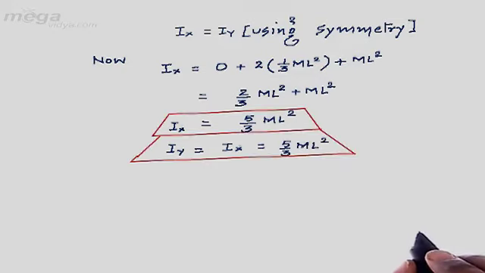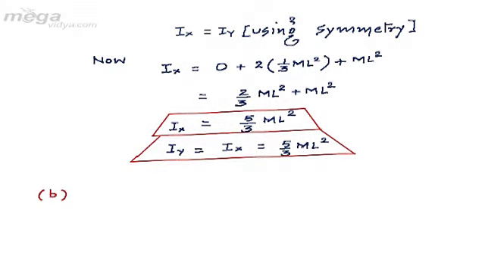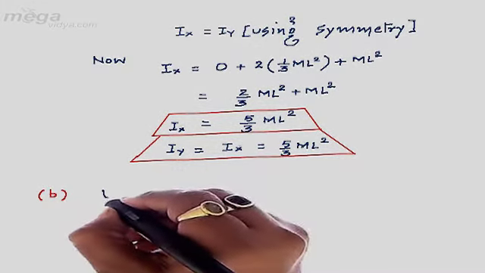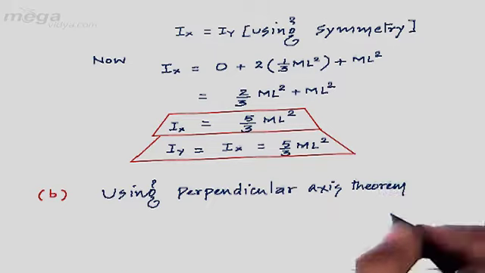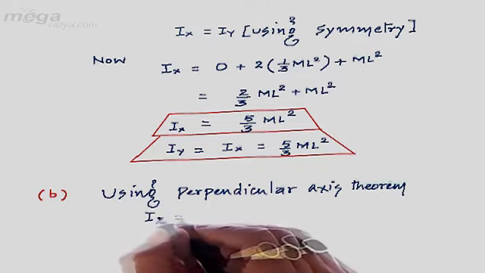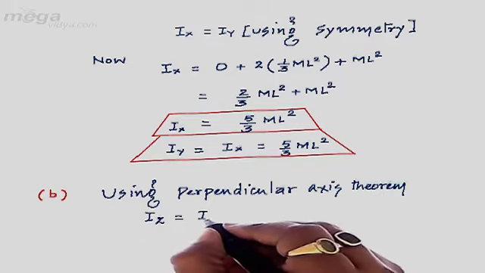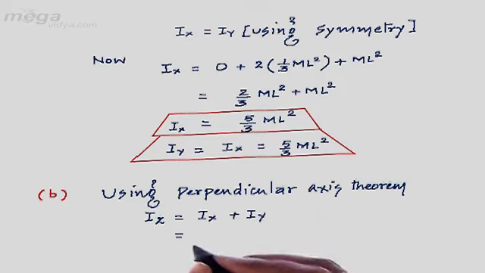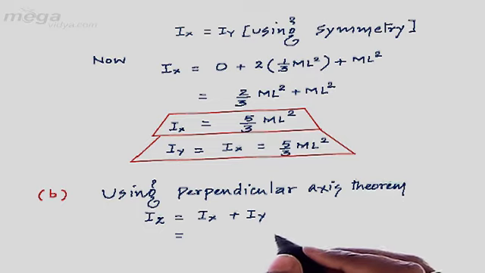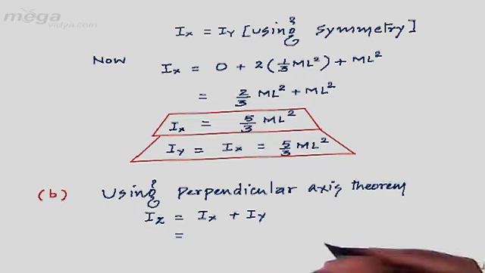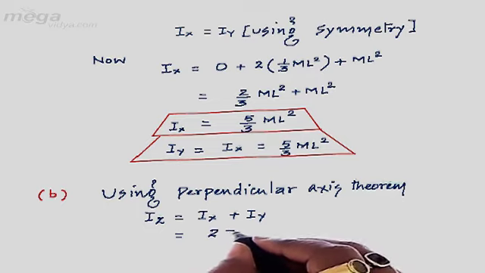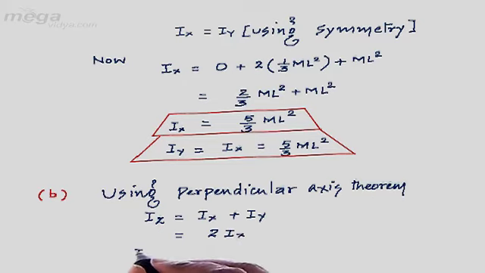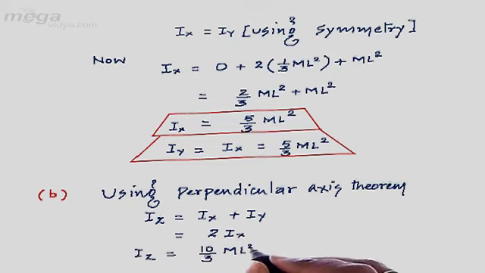Now considering the moment of inertia along the z-axis. Using the perpendicular axis theorem, the moment of inertia along the z-axis will be equal to the sum of the moments of inertia along the x-axis and y-axis. As we know that Ix equals Iy, it is double the moment of inertia along the x-axis, which will be 10/3 ml².